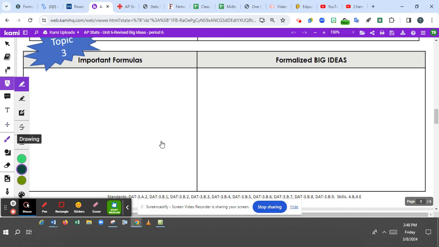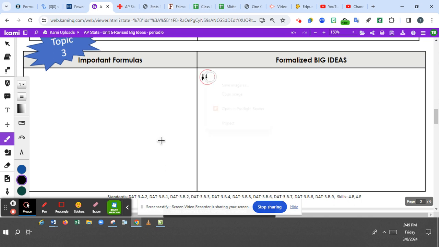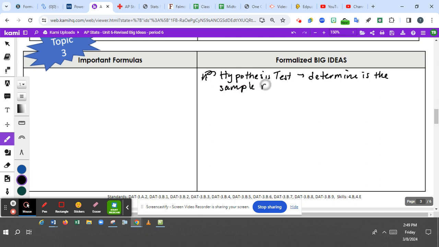So let's get started. So to start with, a hypothesis test is about answering the question, determine if the sample results could happen simply or purely by chance.